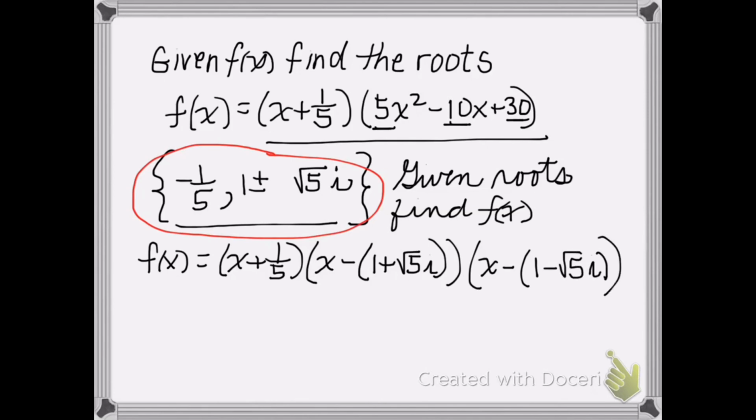So do you see how that works? And then we would probably, yes, need to multiply this out and simplify it. And that would take a few steps, but shouldn't be anything that's too difficult.